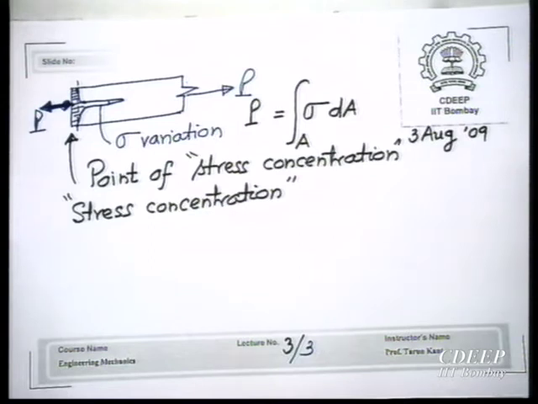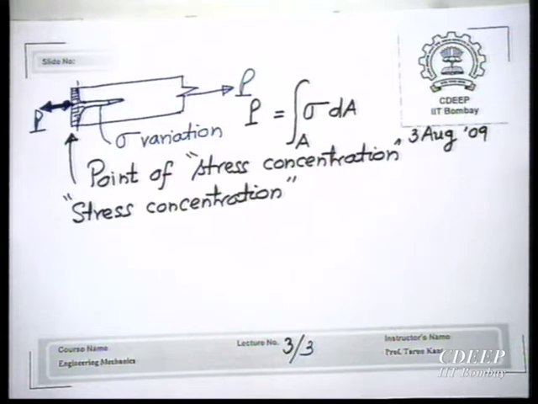So, at that particular point where the area is changing, that is the point of stress concentration. You must be able to point out which are the points of stress concentration, and these are the points which will fail, because stress is so high that the material will not be able to take it. So, these are the points of failure.